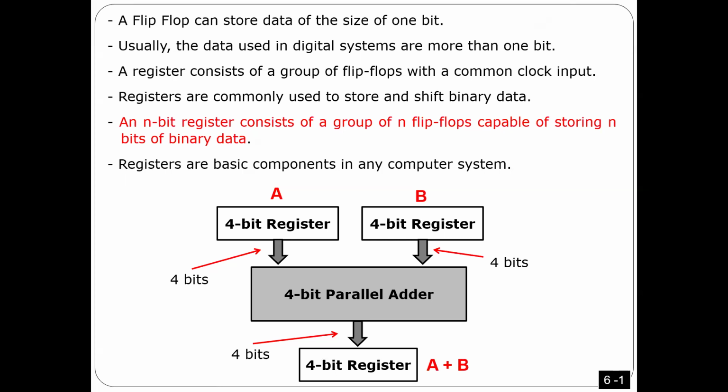If you see any digital system like a computer architecture, you will see there are a lot of registers inside a microprocessor. For example, if I have a hardware circuit doing addition, I have 3 registers: one register for number A, another register for number B, and then a register for the result as well.